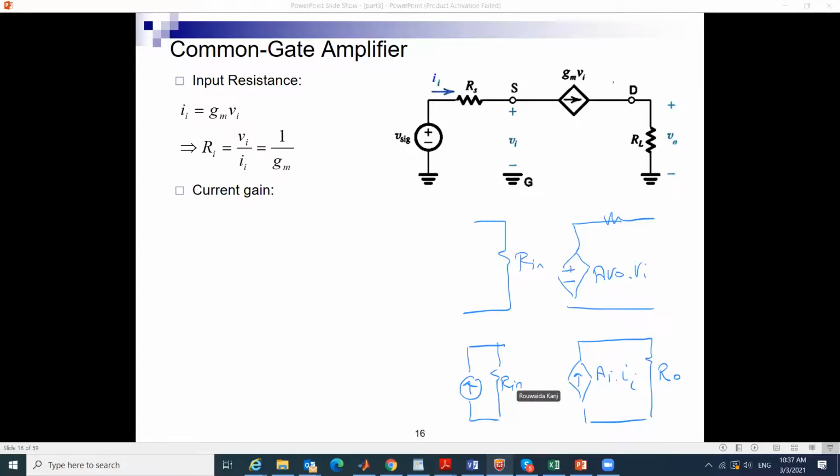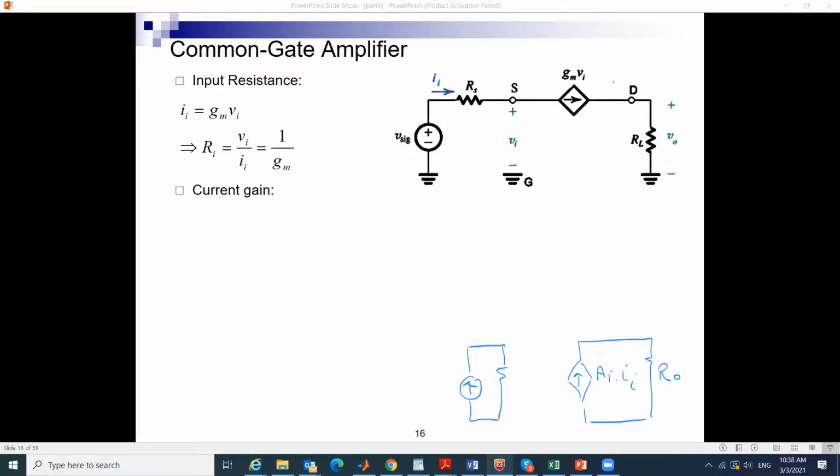So if the current source has its own resistance, and the current source has a signal, it will also have its own Rn.